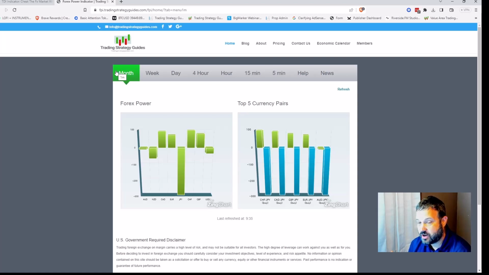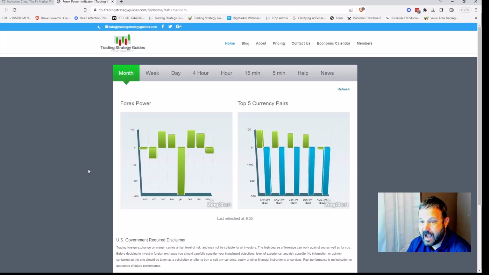When you're trading stocks, you're just trading that stock. But when you're trading the dollar versus the yen, or the dollar versus the Swiss franc, then you're comparing two. So one of the cool things we can do is find the weakest ones and the strongest ones, and that can potentially accelerate your growth.